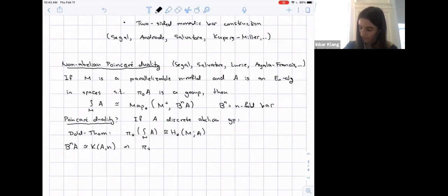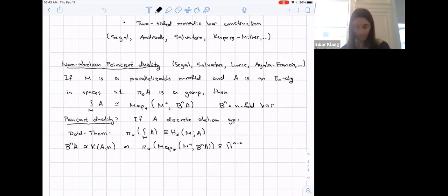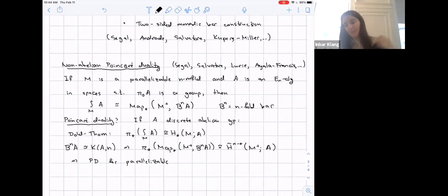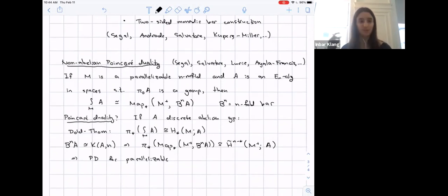So the homotopy groups of this space of pointed maps are going to be a shift of the reduced cohomology groups of the one-point compactification of M with coefficients in A. So in particular, say for a parallelizable closed manifold, you get the statement of Poincare duality, that homology and cohomology are isomorphic.